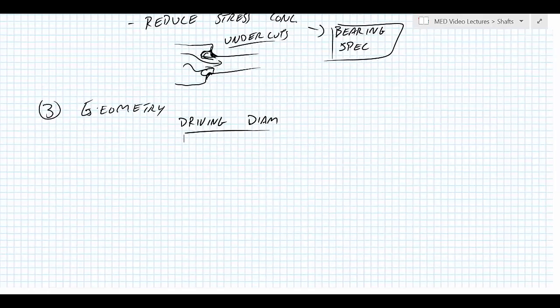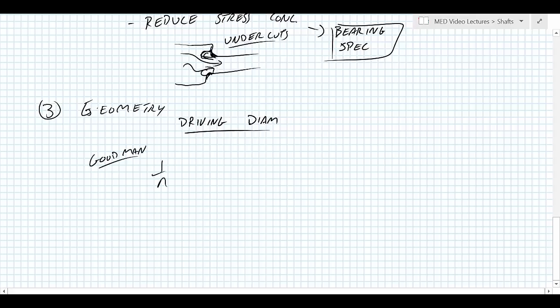So our goal here is to find a diameter that avoids static and fatigue failure. If we recall our modified Goodman equation, we'd have 1 over n equals our sigma a using the von Mises approach, and sigma m over SUT.